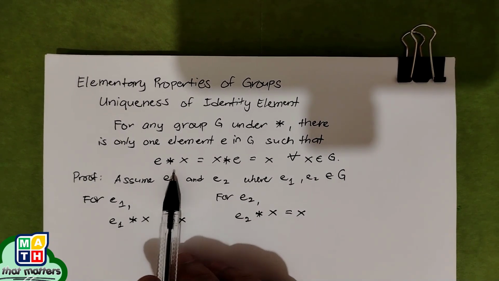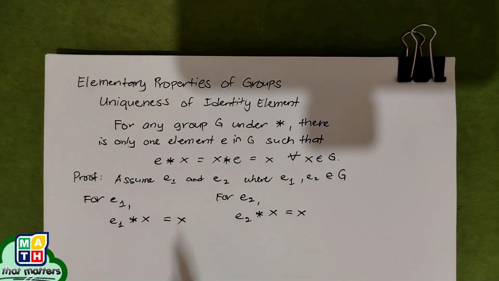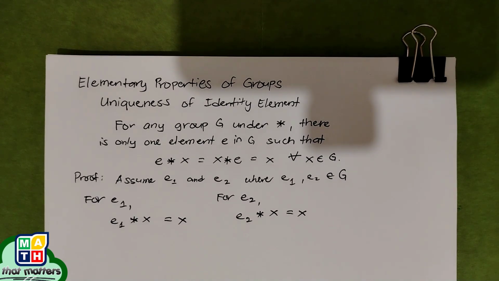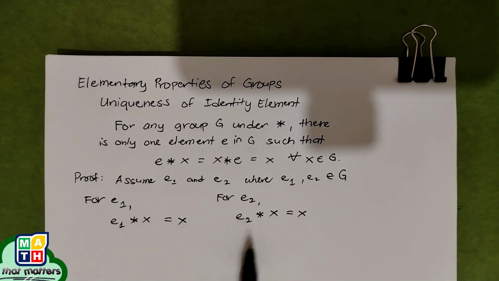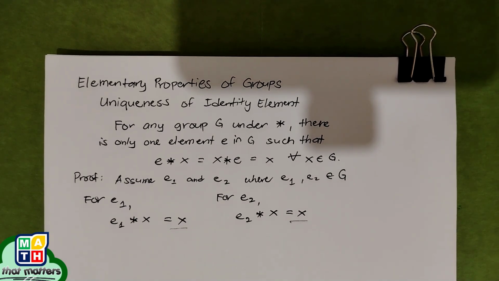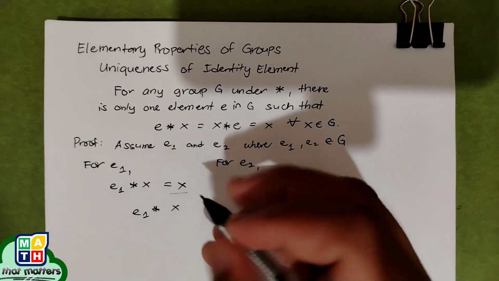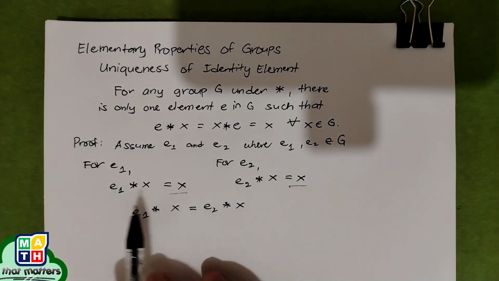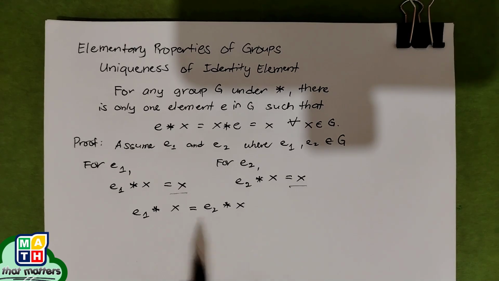Since both are equal to x, by the transitive property, e sub 1 star x is equal to e sub 2 star x, because they are both equal to the same element x.